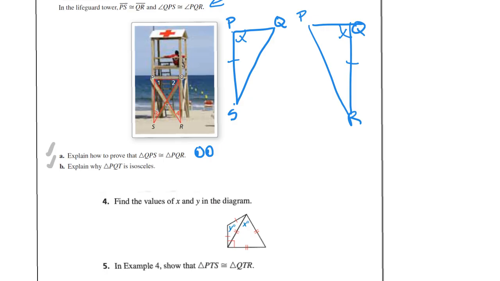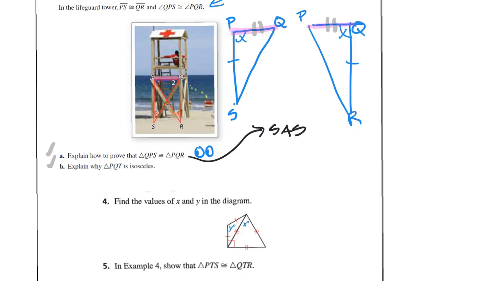And I want to point out that when you have triangles that are being overlapped, you actually end up having a shared side because they're right on top of each other. So we know that PQ is congruent to itself because PQ is congruent to PQ. And that is enough to be able to say that those triangles are congruent because of SAS.